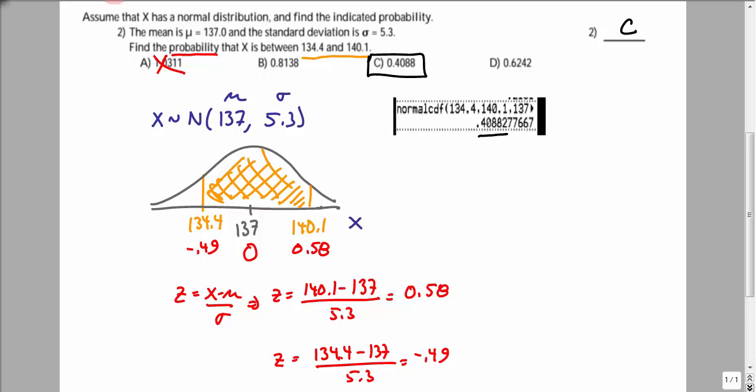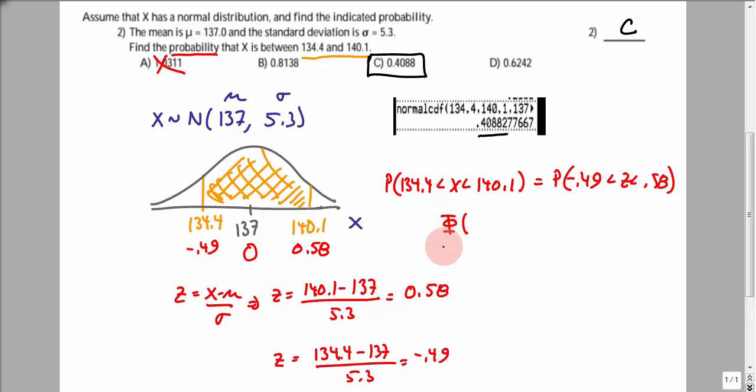So using my tables, finding this probability then, the probability that X is between 134.4 and 140.1 is the same as the probability that Z is between negative 0.49 and 0.58. Now the way we look this up, this is the value that shows me that I'm looking up phi of 0.58.